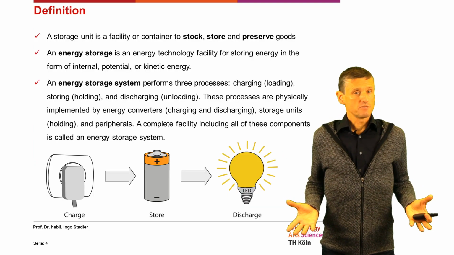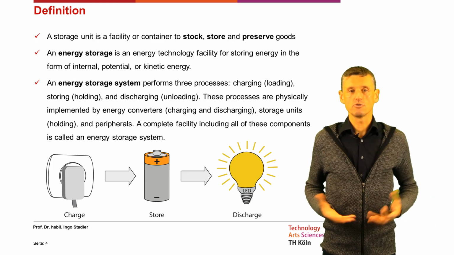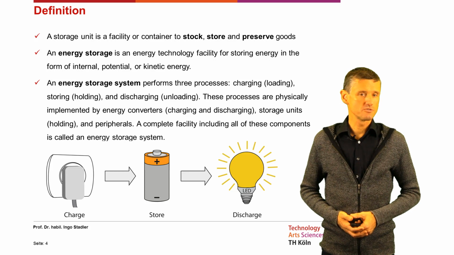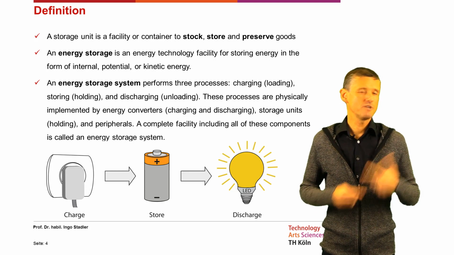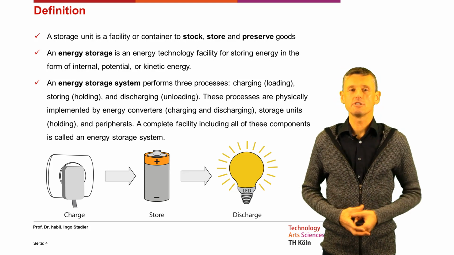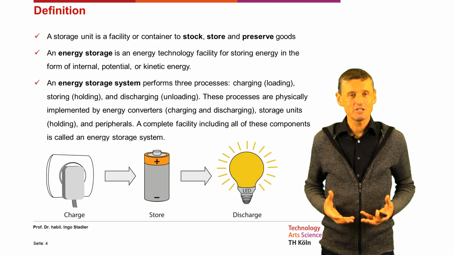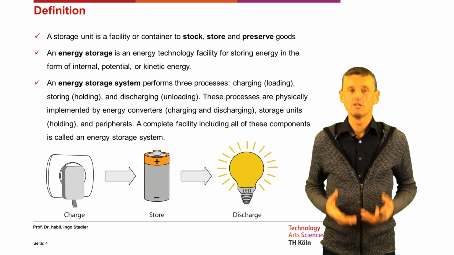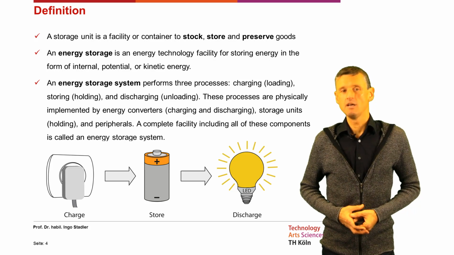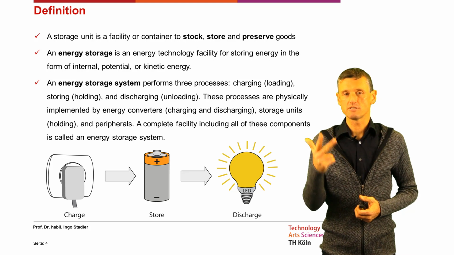Coming to the definition, a storage unit is a facility or a container to stock, store and preserve goods. When we relate that to energy storage, then energy storage is an energy technology facility for storing energy in the form of internal, potential or kinetic energy. An energy storage system performs three processes.